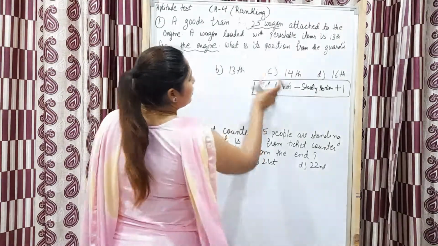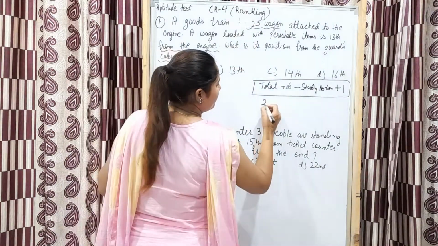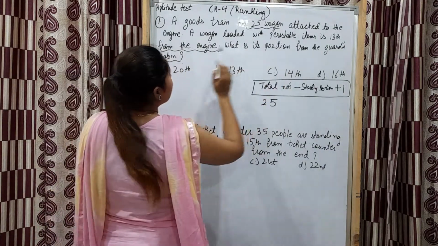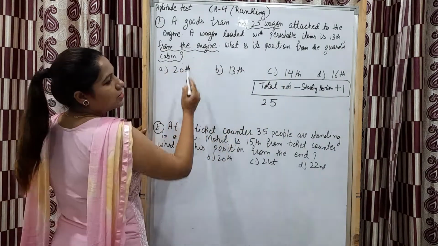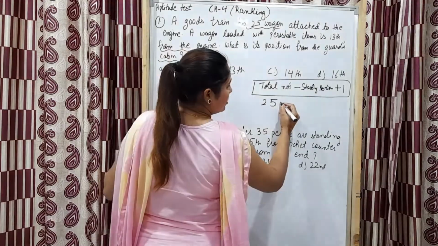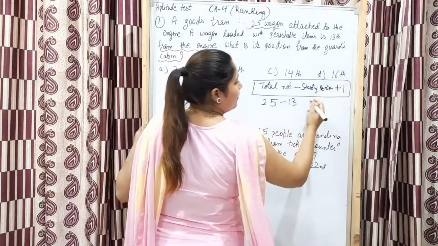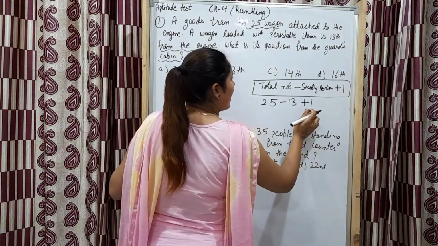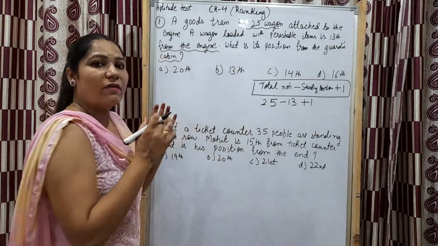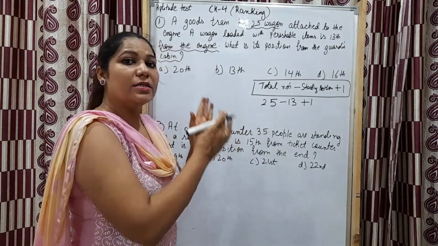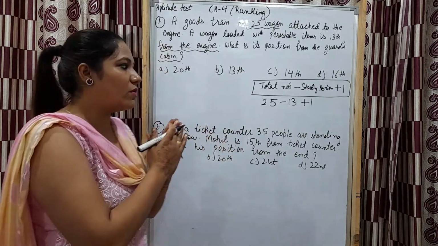Now see, total numbers are 25 and they are saying that item is 13th from the engine. It means 25 minus 13 and plus 1. Why am I adding plus 1? Whenever we count from the starting point or the end point, the main position in the center we always leave.